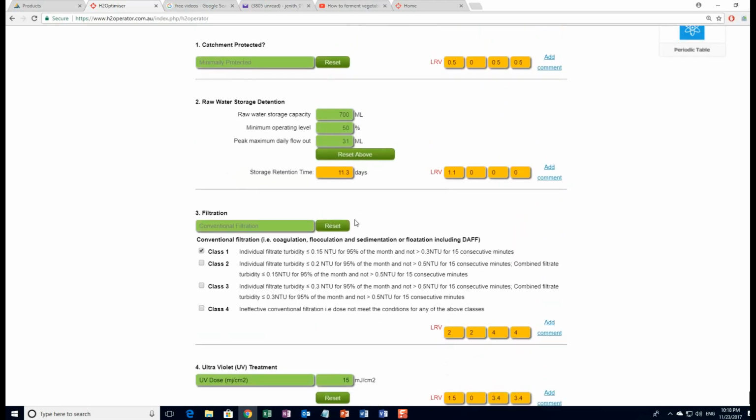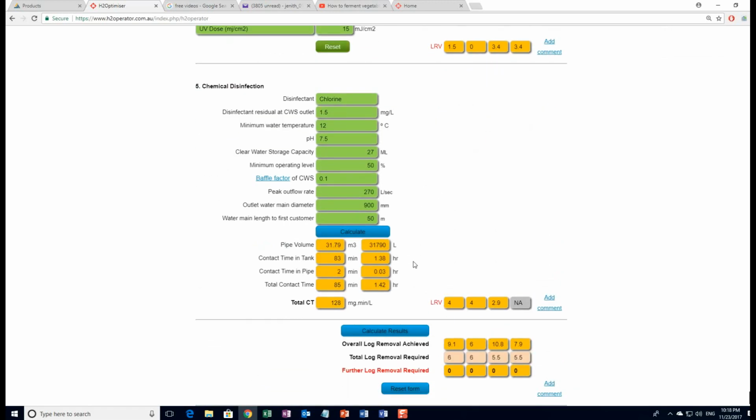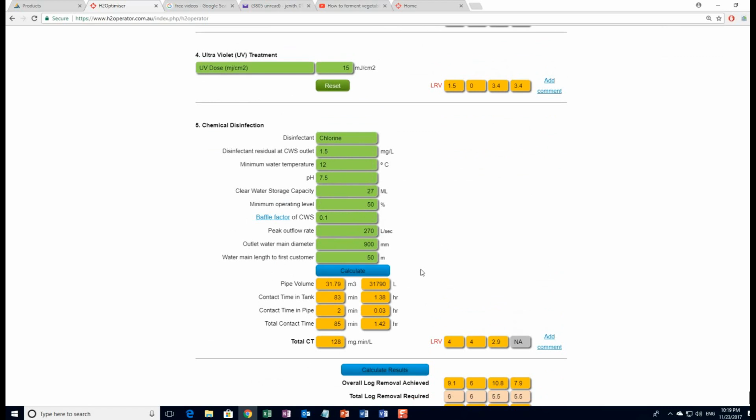Now the third step is basically document this and then say, okay, well, we have to install a UV system, and that is our safeguard to protect my system from the microbial risk and to achieve the health-based target of 1 microdali per person per year.